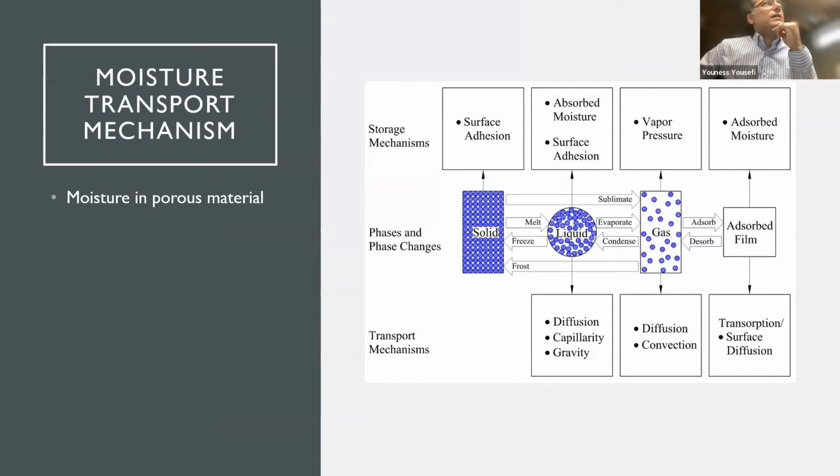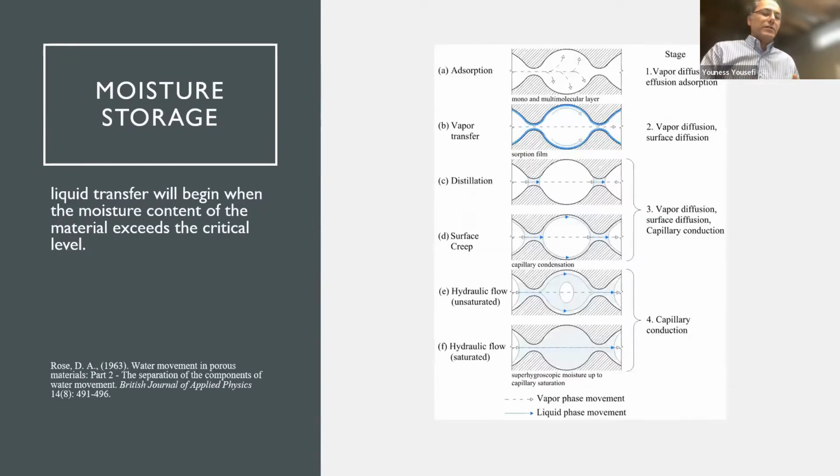And for moisture transport, we know that we are talking about water here. So we have three phases of water in the material in reality: solid, which is ice, liquid, and gas, which is vapor, that affect the material as they go through its pores.